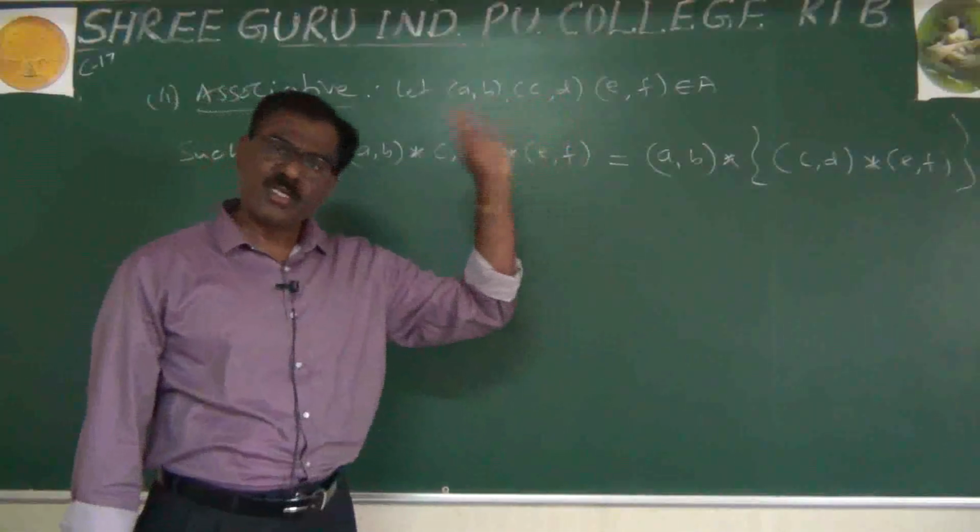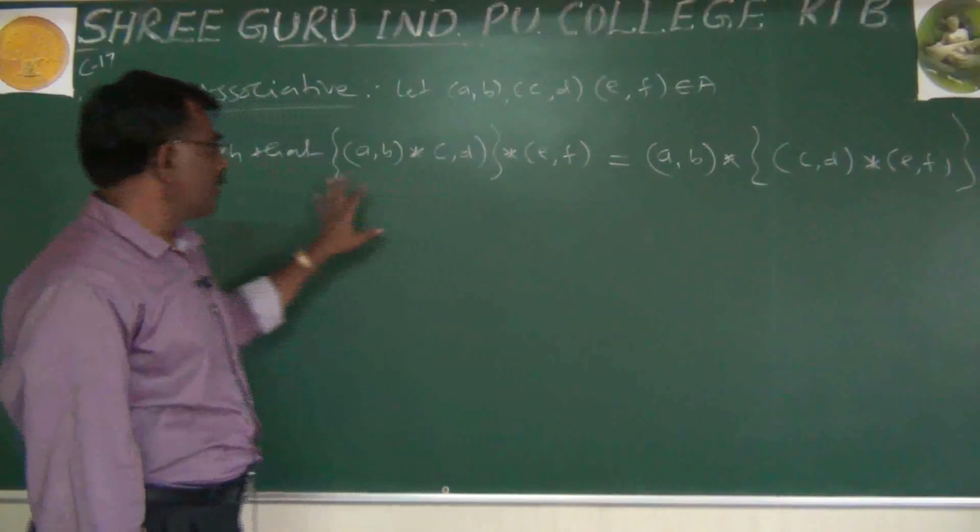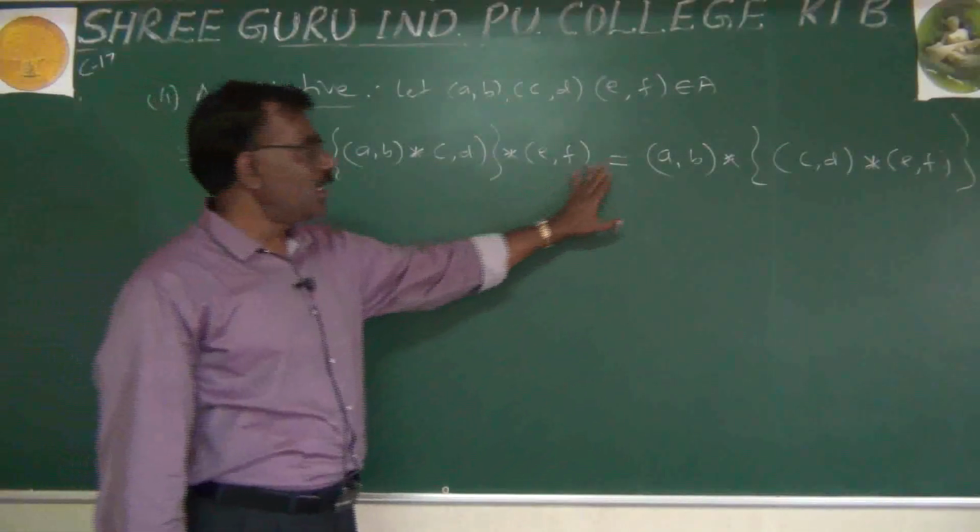There are 3 elements and 3 ordered pairs belonging to the set.